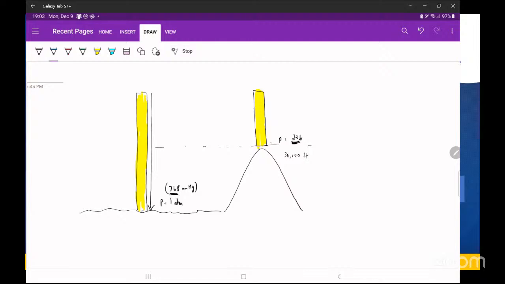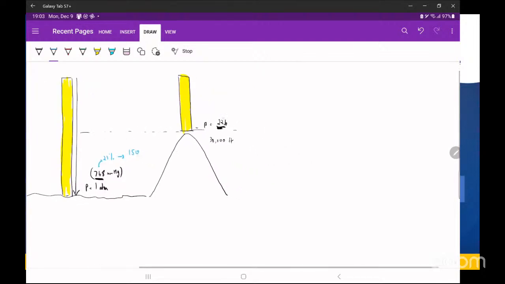Now, 21% of 768 is the oxygen which we finally have in the air. That will come to around 150. Now, consider you're standing over here, and 21% of that will come to around 47. So 47 is the partial pressure of oxygen in the air. Then, as the air comes in, it is humidified, so water vapor pressure takes a part of it.